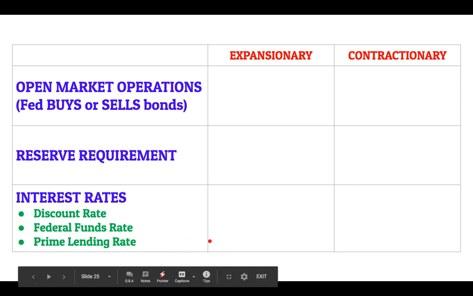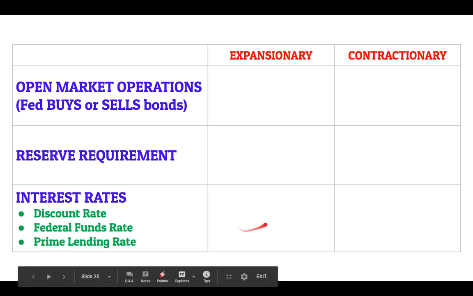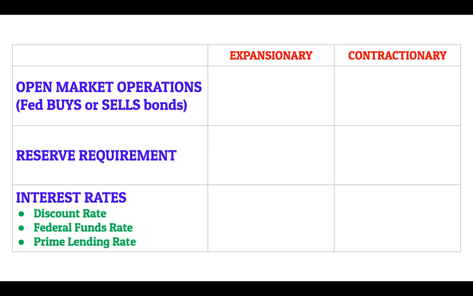So if interest rates are low, that means it costs very little to borrow money. Therefore, people are going to borrow more. That's meant to expand the economy when interest rates are low. When interest rates get increased, this is going to contract the economy because now it's going to become much more expensive to borrow money, and therefore people are going to borrow less.